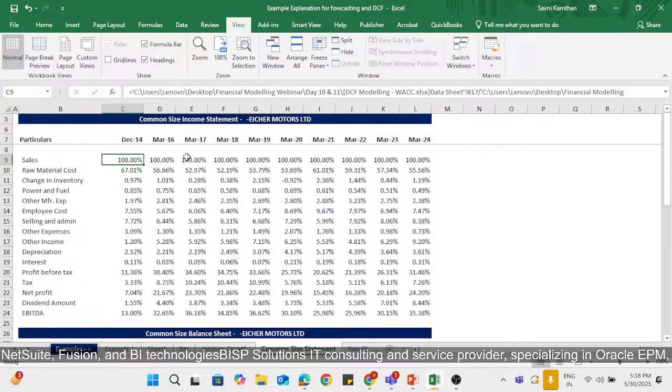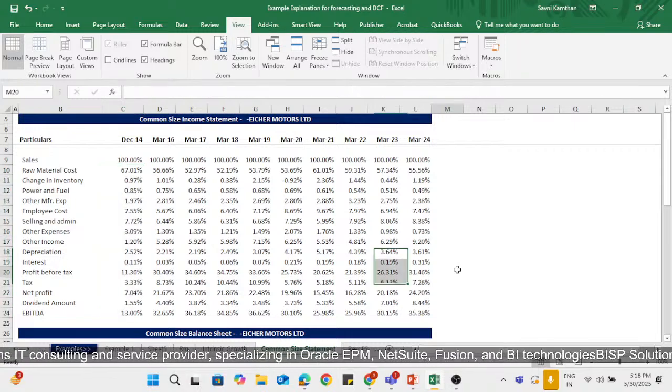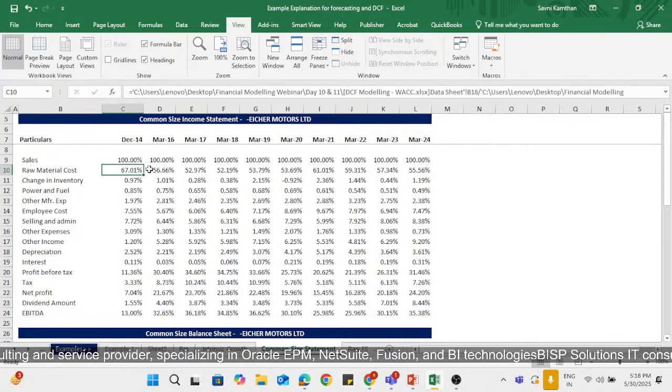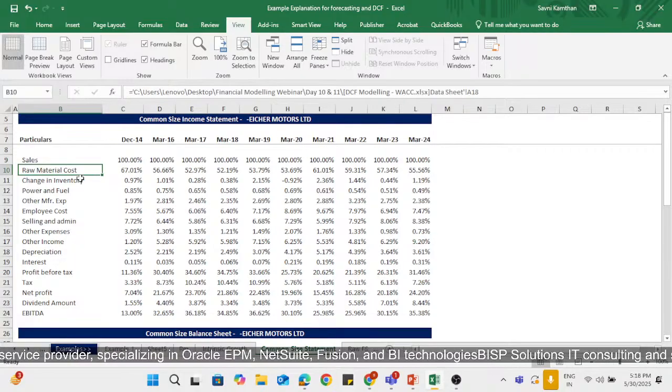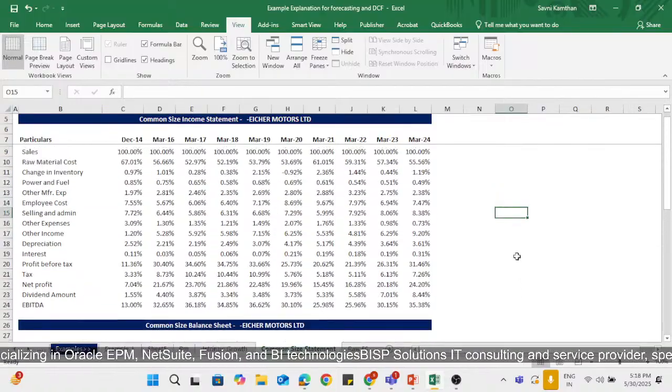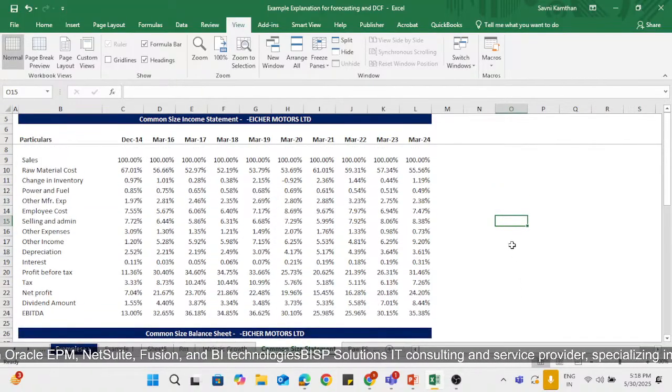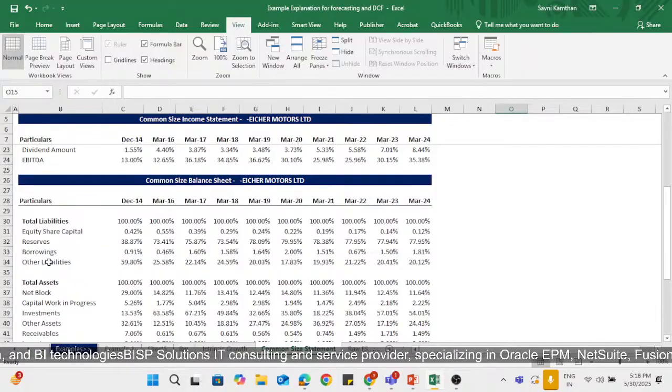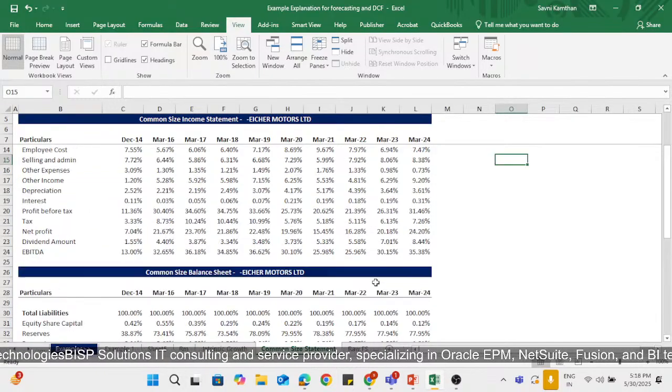So they are all linked with the same thing. Like that only I have linked my whole data, like my raw material cost, change in inventory, and power and fuel. Every single thing I have copy pasted as it is from my income statement which I have prepared while doing financial statements. Like that only we will be doing our calculation.